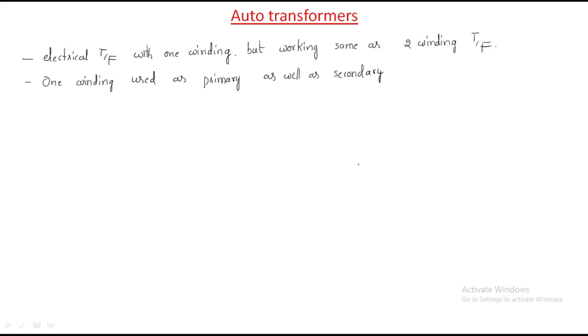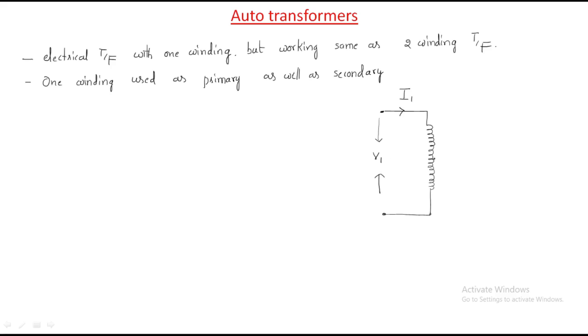So we will look at the construction. I will take the auto transformer, and I am drawing only the single winding. Look here. This is the input. Input always gives the input voltage V1, and the input voltage produces the current I1.